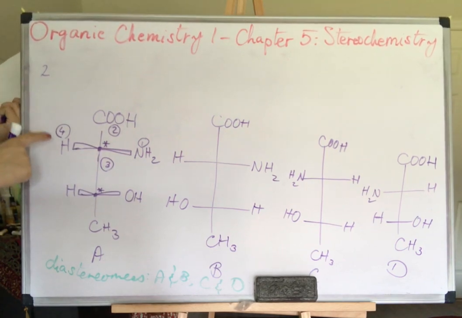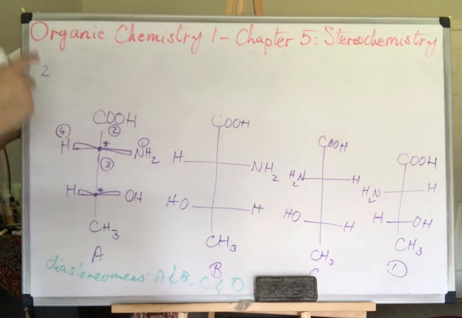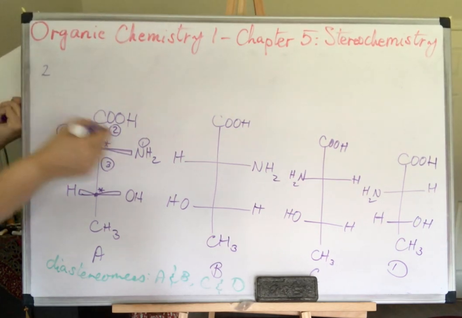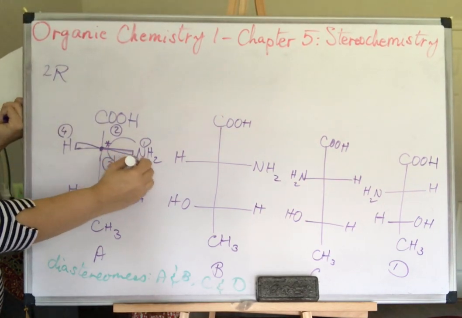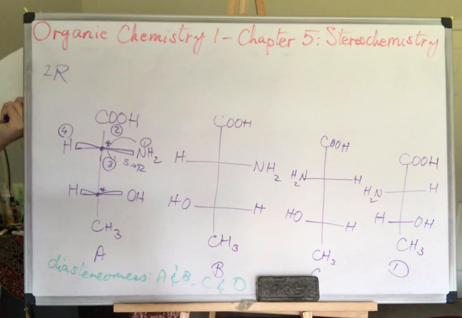Hydrogen is on the wedge, in the front, so whatever rotation we see, we have to flip it. The rotation looks like S, but it's actually R, correct? Because hydrogen is in the front.